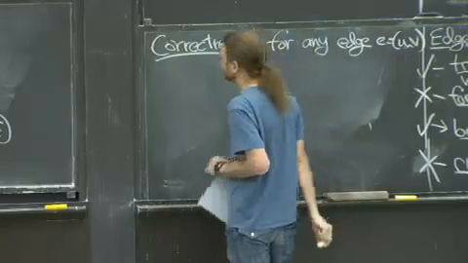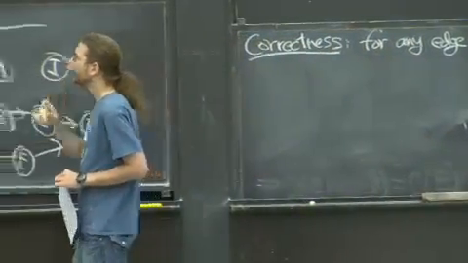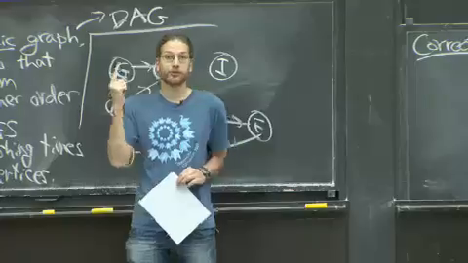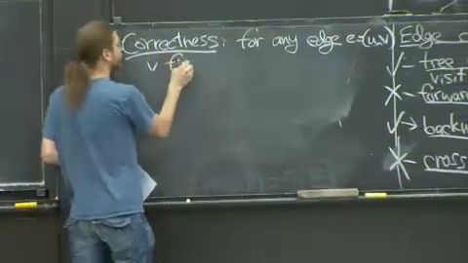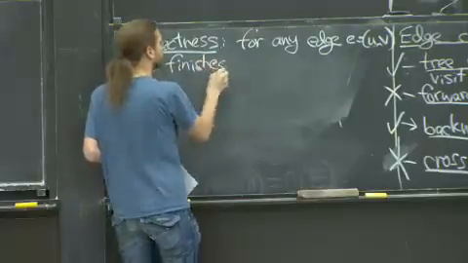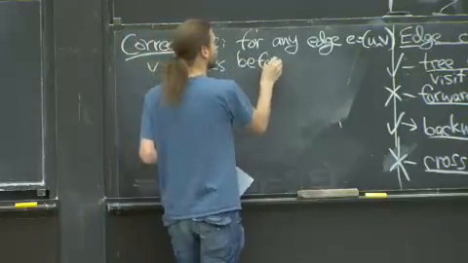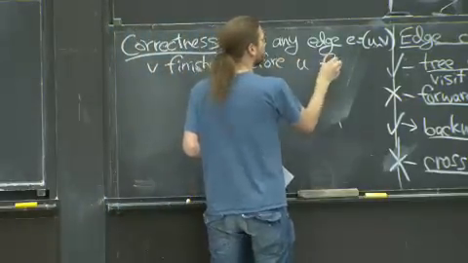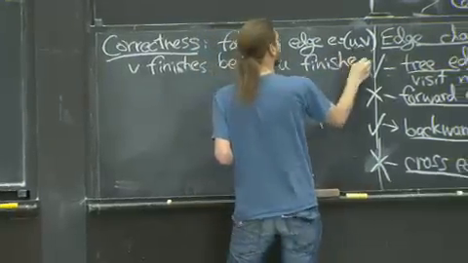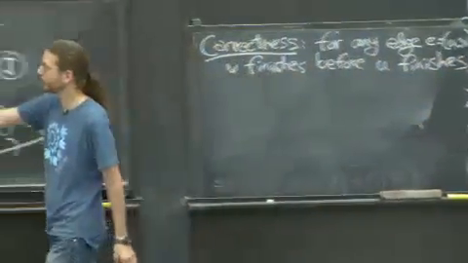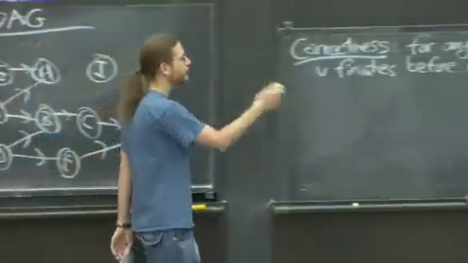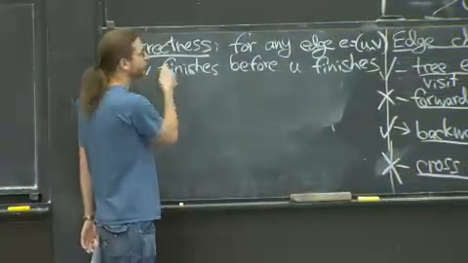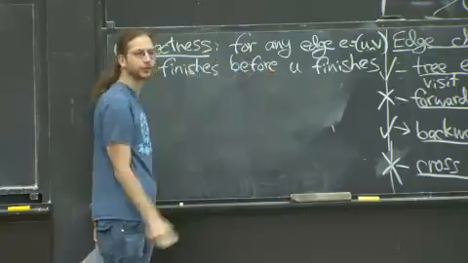So what that means is for an edge uv, we want to show that v finishes before u. That's the reverse, because what we're taking is the reverse of the finishing order. OK, so edge uv, I want to make sure v finishes first so that u will be ordered first.